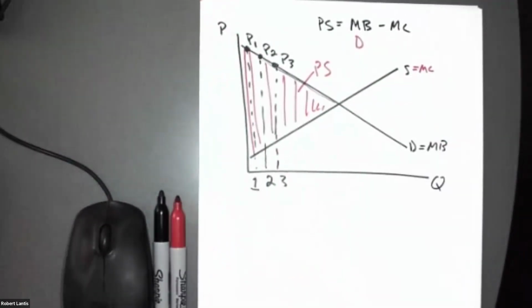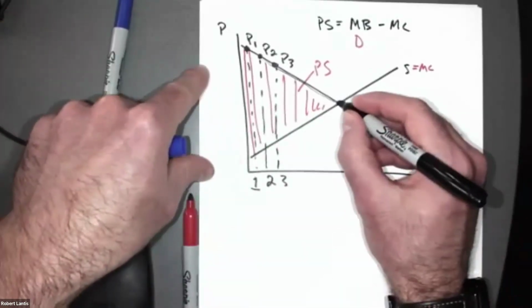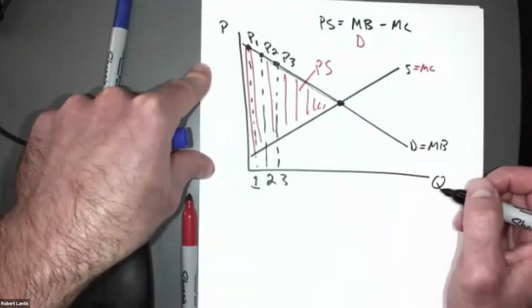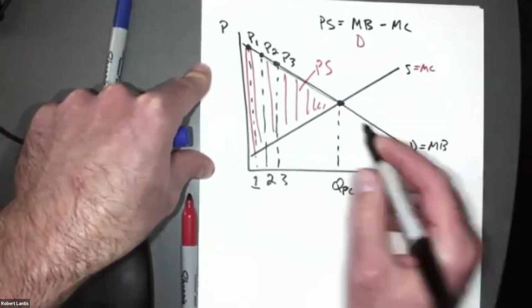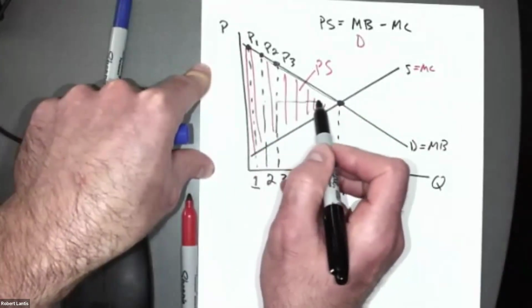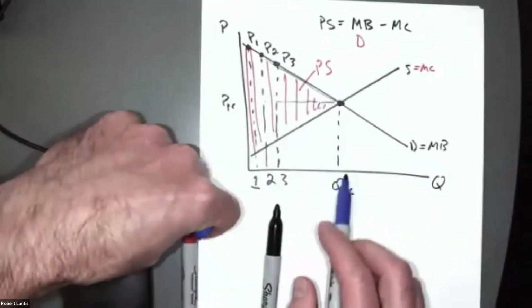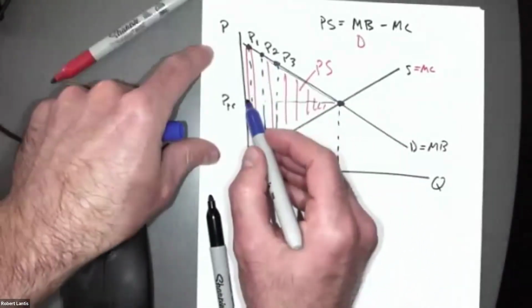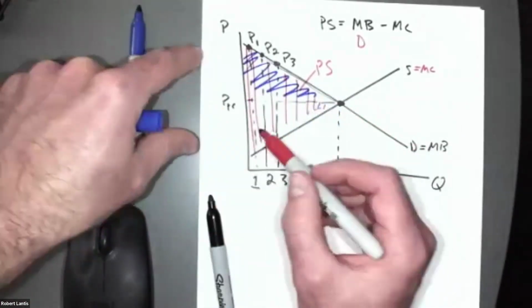Well, if I had a perfectly competitive market, where would the quantity be? Where supply is equal to demand. There we would have a perfectly competitive price, and what's consumer surplus? The difference between the price and the demand curve, right? What's producer surplus?